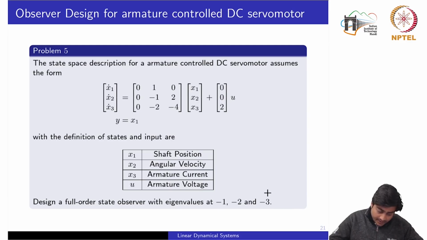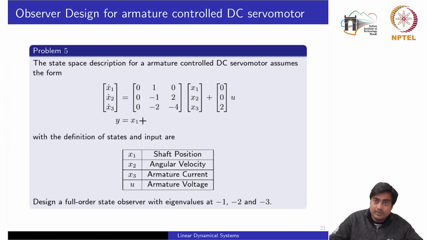The idea of designing the observer originated when we want to design a state feedback controller and we do not have the direct measurement of all the states. So instead of using only the state x1, we want to use the complete state.